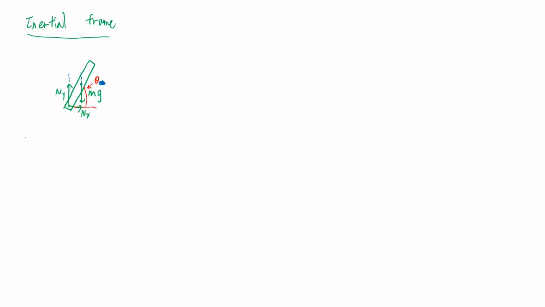Okay, so vertical first. The vertical force, I have this Ny minus mg, that is the net vertical force. That would be equal to m times the acceleration in the vertical direction.